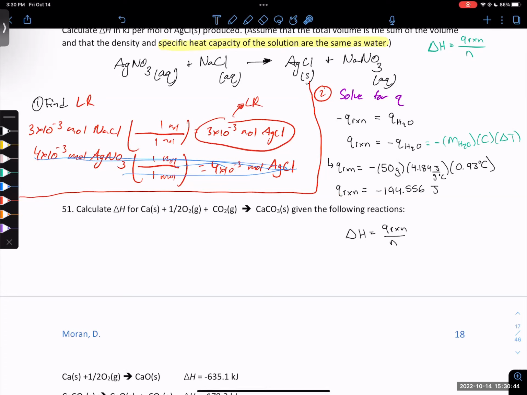Do you always consider the Q of reaction as minus? It depends on the scenario. Some reactions are endothermic, where it's going to decrease the temperature of the water and not increase it. Then in that case, the Q of the reaction is positive because it's taking in heat. So if the temperature went down, would you have started with Q of reaction equal to negative Q of water?